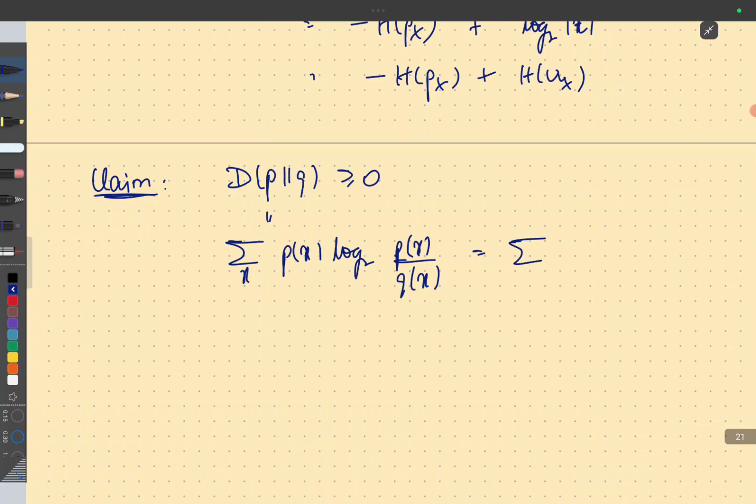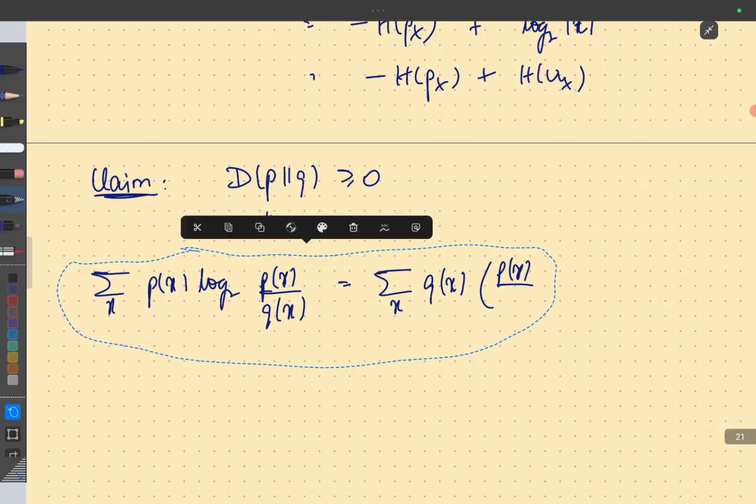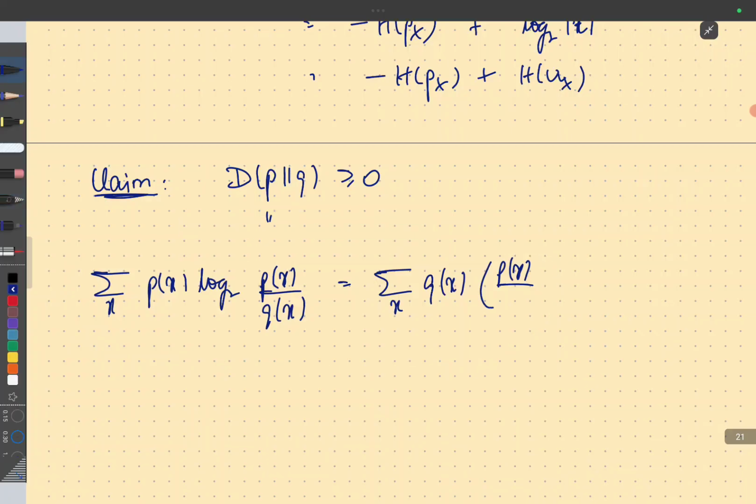I'll write this as summation over all x of q(x) times p(x) by q(x) times log p(x) by q(x).